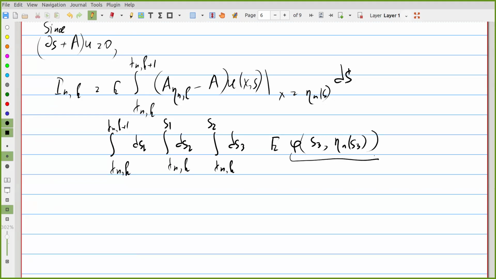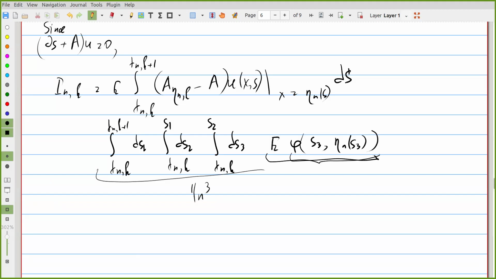And this function is going to be given in terms of η and k, derivatives of coefficients, derivatives of the original u, etc. But this is going to be bounded, at least locally. And this is going to give you 1 over n squared.